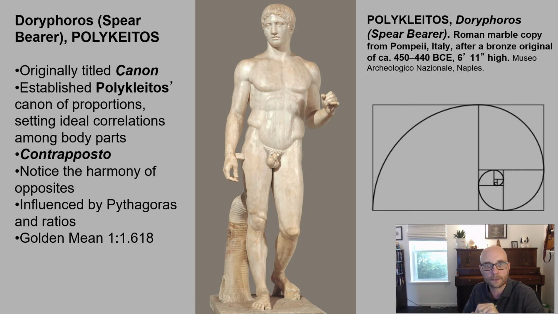It's not part of the regular story. And so that's what a canon really is. It is a set of rules or standards to guide whoever, an artist, or whatever it is. And so this was designed by Polykleitos to be a standard of proportions, to be the canon of proportions. And also the canon of how a human body should be portrayed. This was meant to be the template.